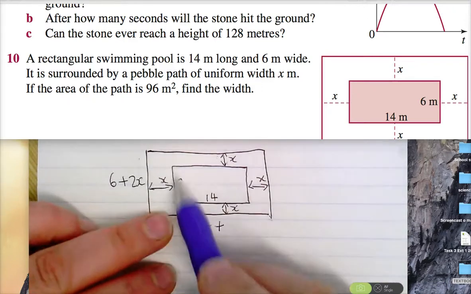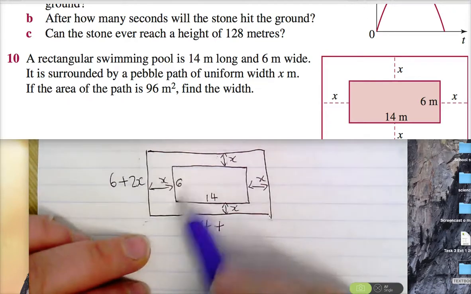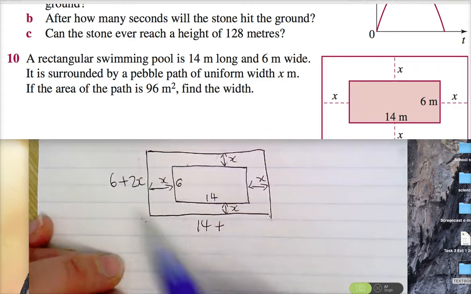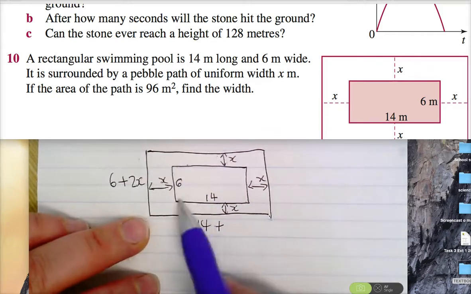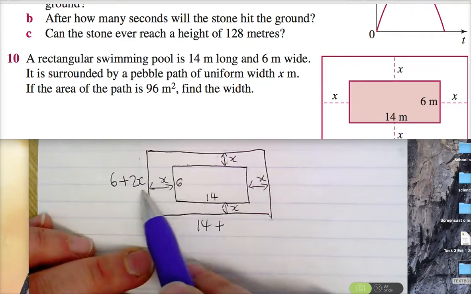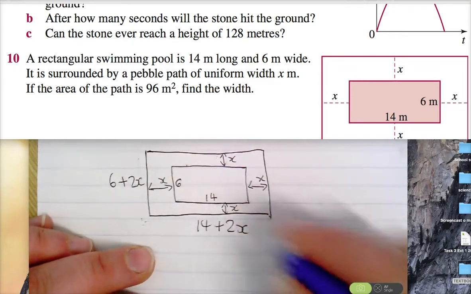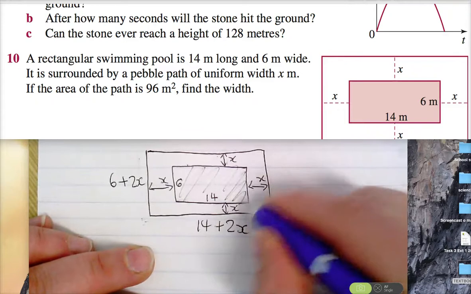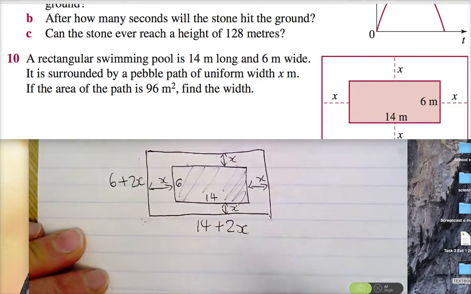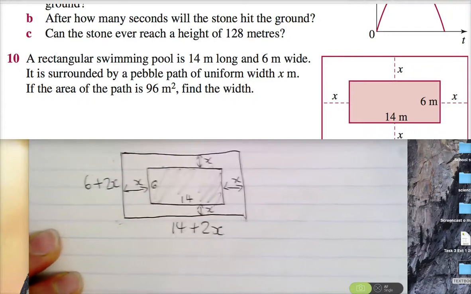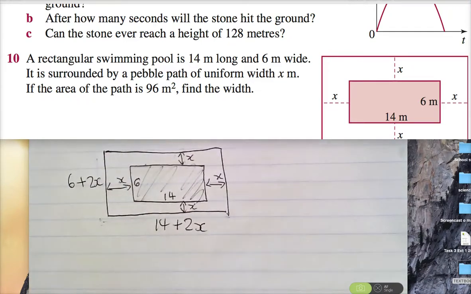So this dimension here is 6 plus x and that other x, which is 6 plus 2x, and the length is 14 plus this x and that other x, which is 14 plus 2x. Now here's the shaded bit in the middle, but you want the path around the pool. So how do we do the area of the path, girls?